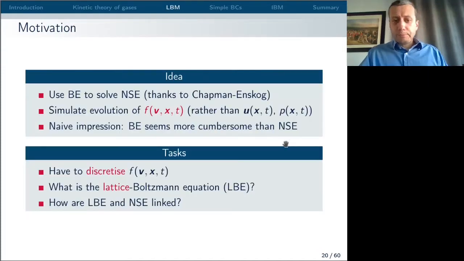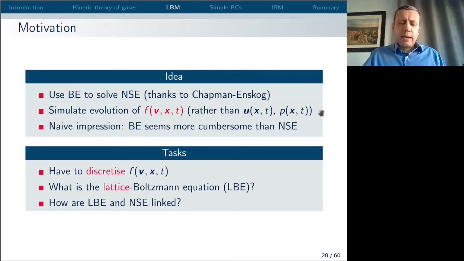So let's move on to Lattice Boltzmann. What is the idea? Use the Boltzmann equation to solve the Navier-Stokes equation. And this is possible thanks to Chapman-Enskog, which I mentioned before, which means we will now simulate the evolution of the distribution function f rather than directly u and p, velocity and pressure, what you are normally interested in macroscopic fluid mechanics.